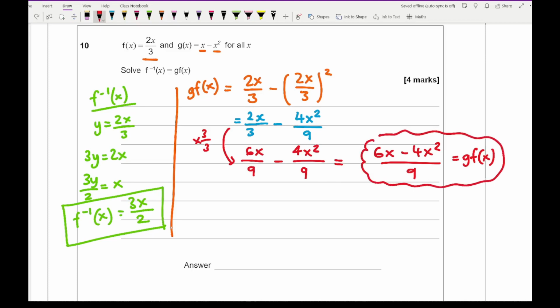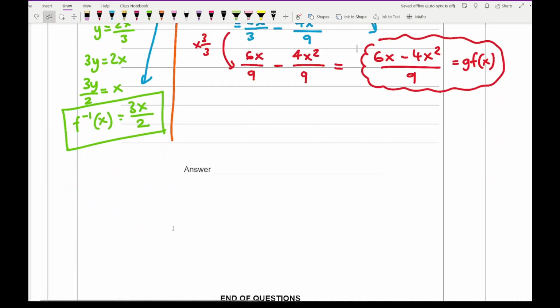So now all that's left for me to do is combine this using this and this. So if I just write it down here, f inverse of x equals gf of x, in which this is going to be 3x over 2, and gf of x is (6x minus 4x squared) over 9.